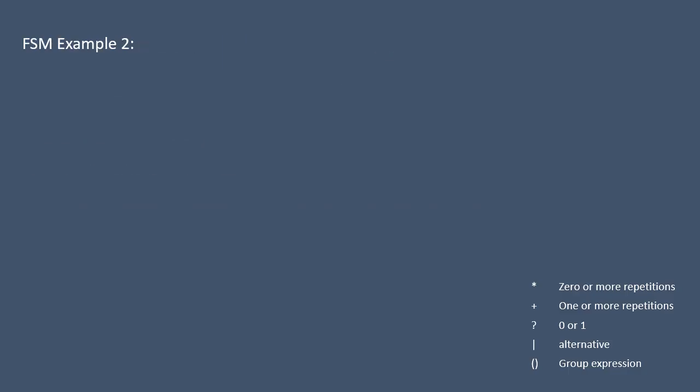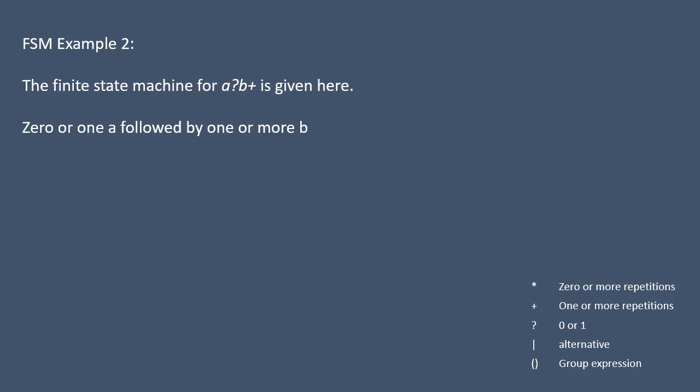For good measure, we're going to look at a second example of a finite state machine. In this situation, we have a regular expression that allows us to have 0 or 1 A followed by 1 or more B. So you have a range of valid strings there. It's an infinite series.